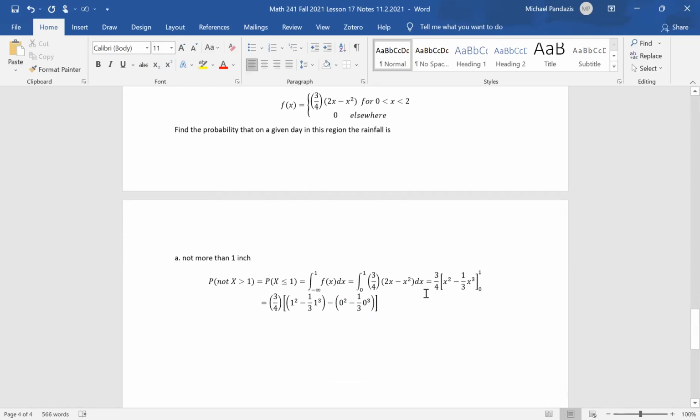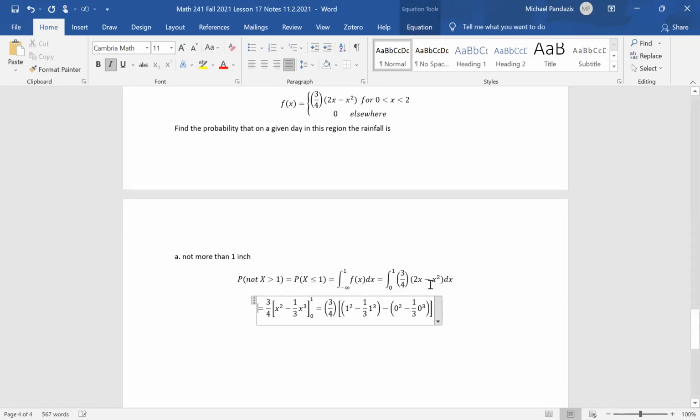I'm just putting in an extra step so it makes sense. I moved the constant outside the integral, found an antiderivative of 2x minus x squared, which is x squared minus 1/3 x cubed, and evaluated from the lower limit to the upper limit using the fundamental theorem of calculus.